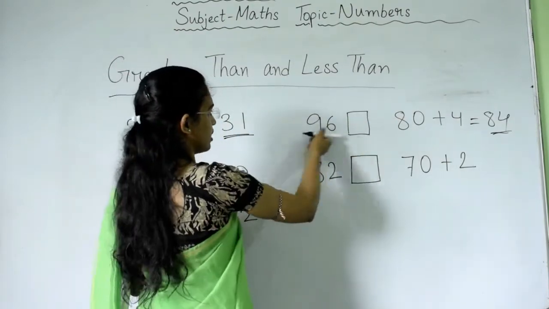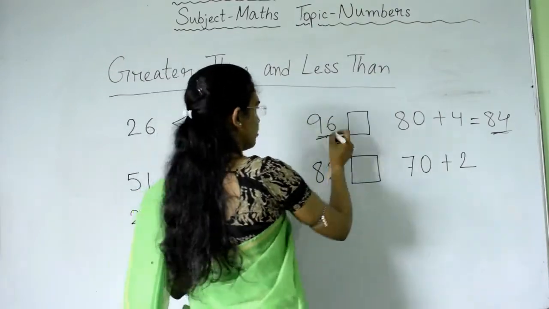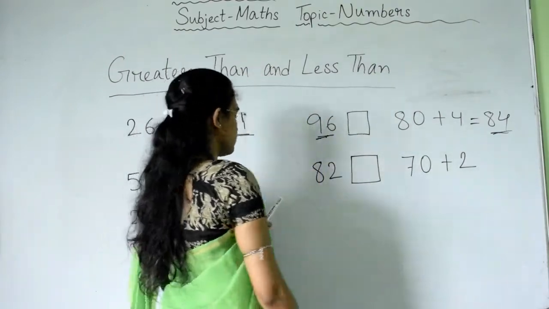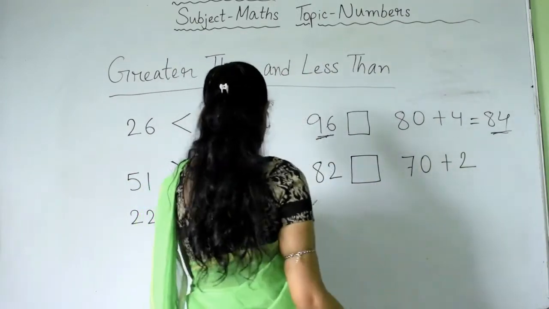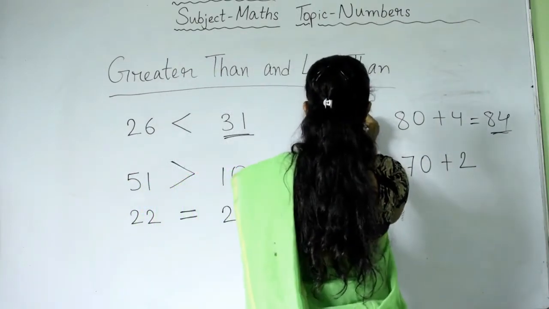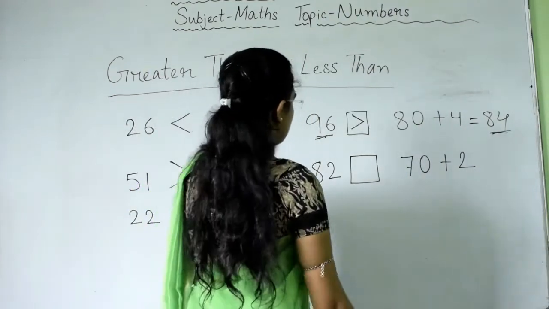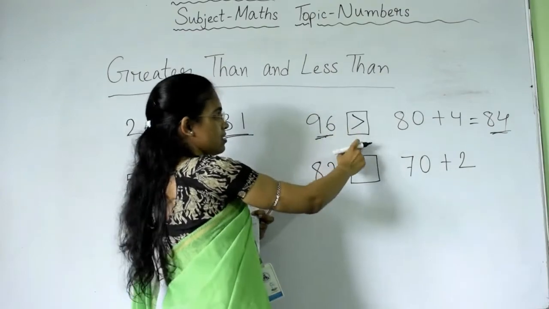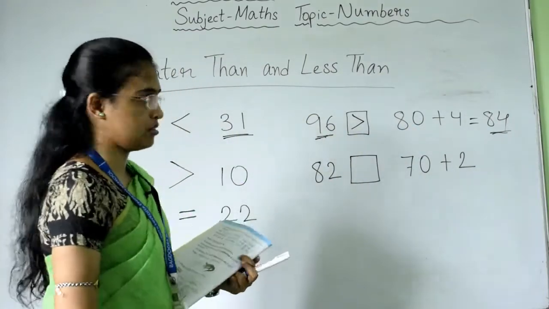Yes, he will come in this side because he has to eat the biggest number. So which sign we have to put here? We have to put it like this. So 84 is less than 96.